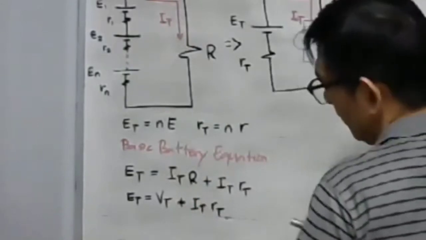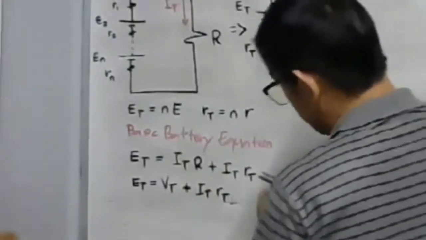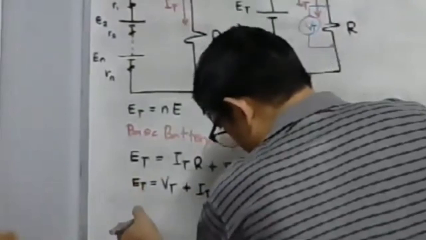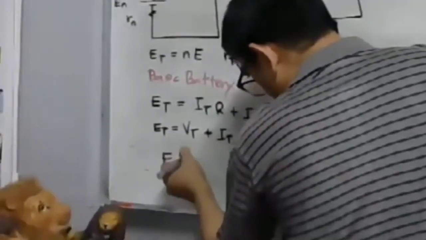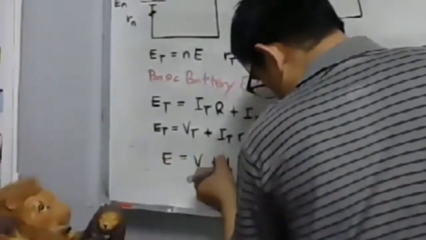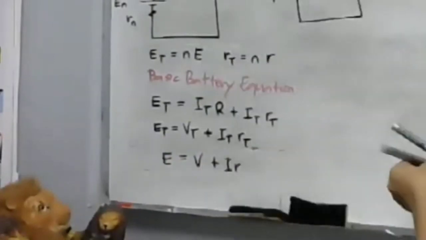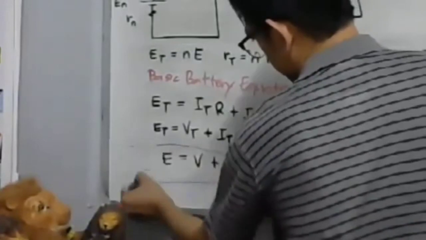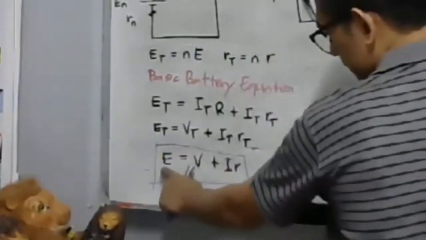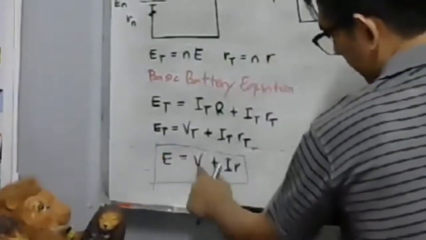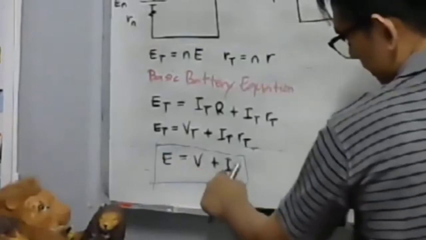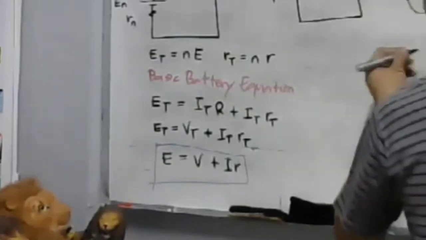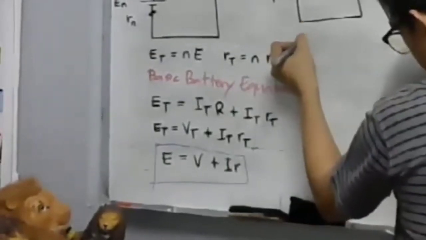So this is the basic battery equation. Or simply, E is equal to B plus IR. That is the basic battery equation. I call this EBIR. E-B-I-R, EBIR.